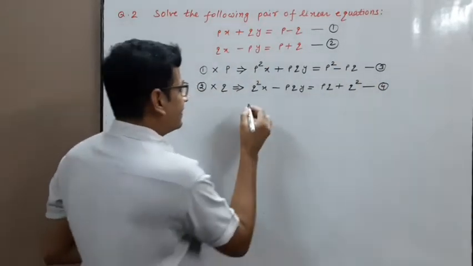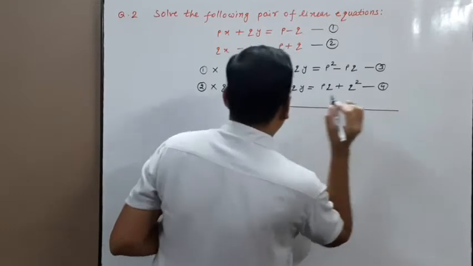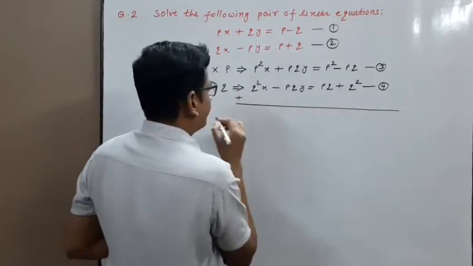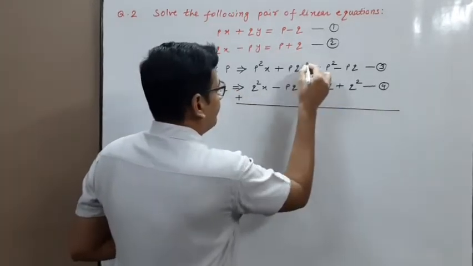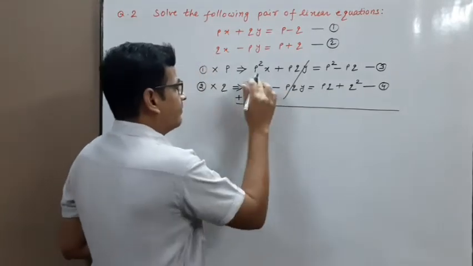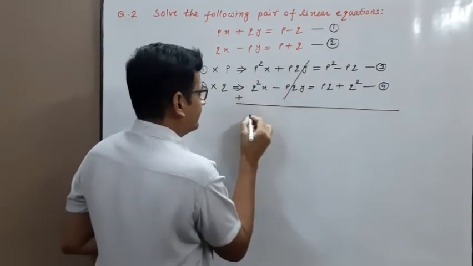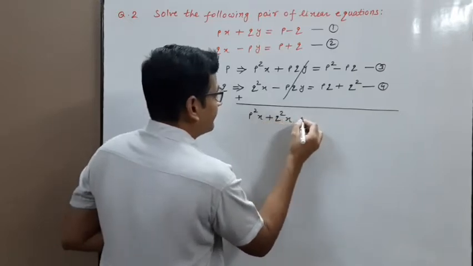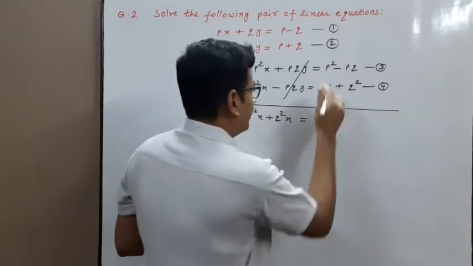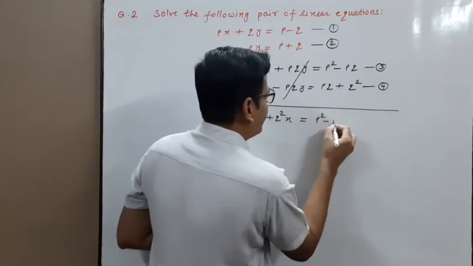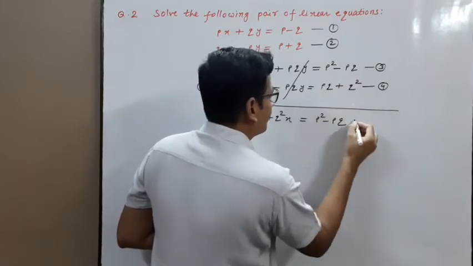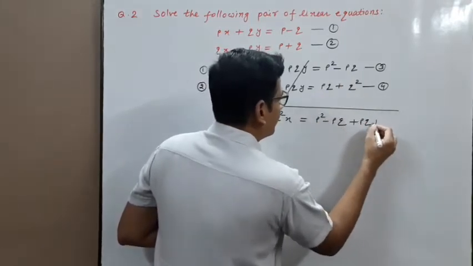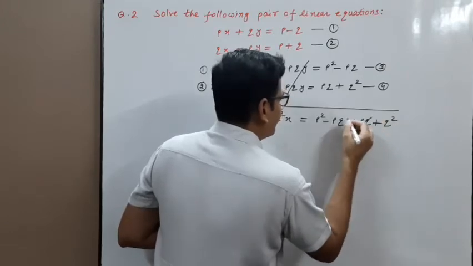Now adding equations 3 and 4. Add, pqy cancels. p square x plus q square x is equal to p square minus pq plus pq plus q square. pq and pq cancel.